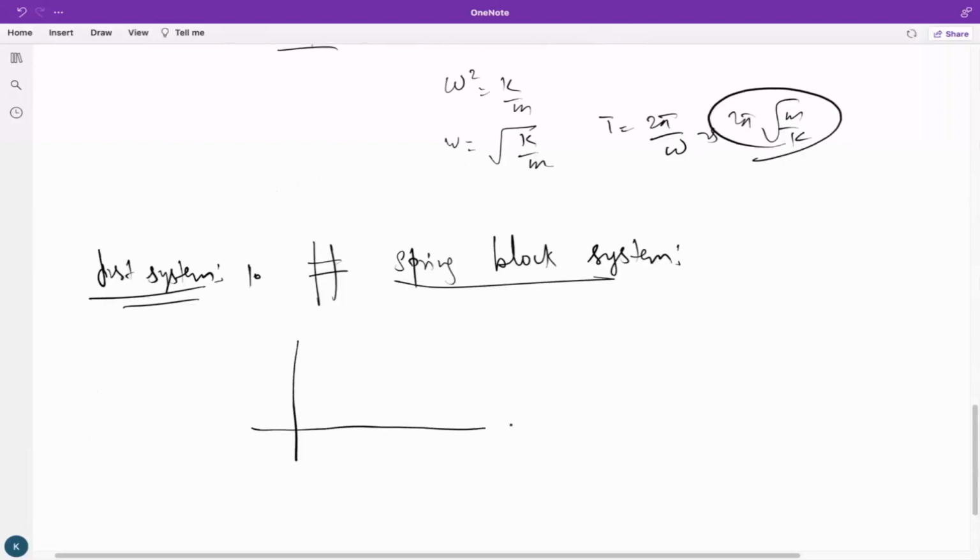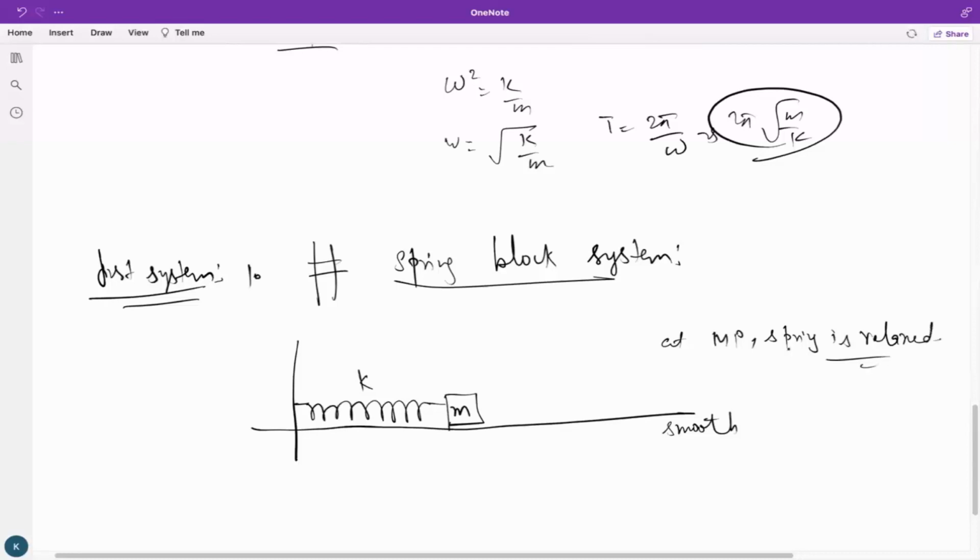There is some mass m on a smooth surface, with a spring of stiffness constant K, and at the mean position the spring is relaxed. You have to calculate its time period. If you calculate the time period, the frequency will be easy, it's just 1 by T. Find the time period of the given system.